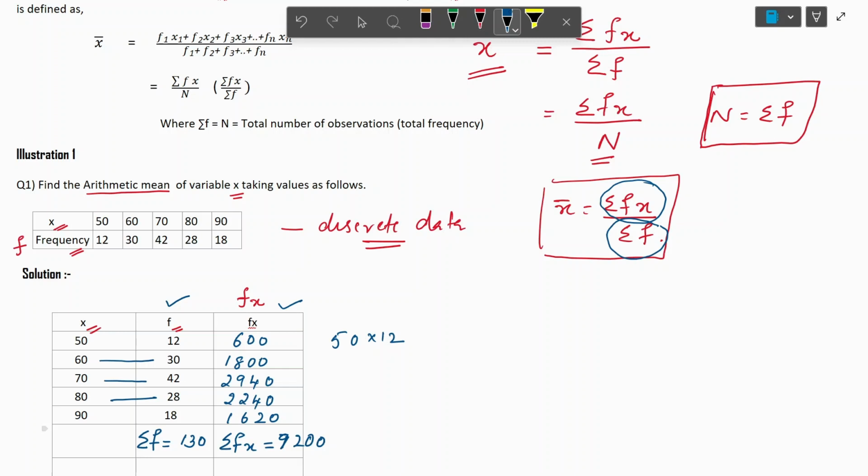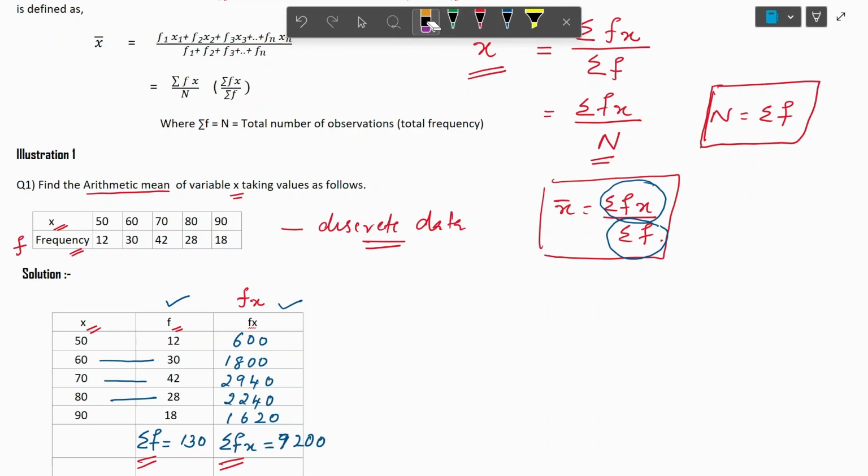Last, what you are going to do? Add the F column. Once you add the F column, you will get sigma F, summation of F. And then, what is the second? Add the next column, that is sigma Fx, summation of Fx. Here this is 130 and 9200. Okay. Now what is the next step you are going to do?